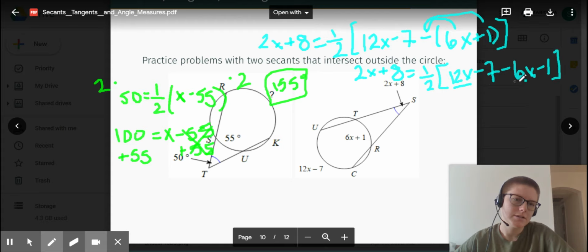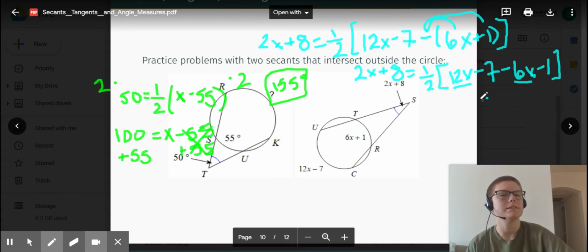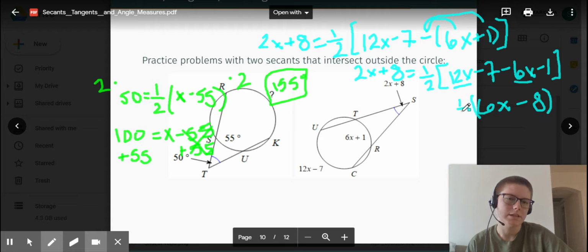Right, combine our like terms. 12x minus 6x leaves 6x. Negative 7 minus 1 is negative 8. Parentheses, put that half there.